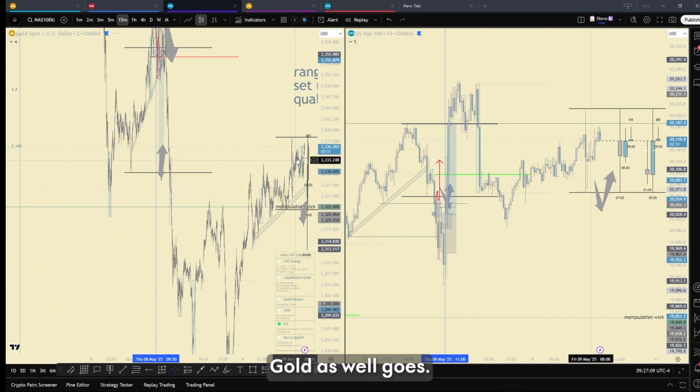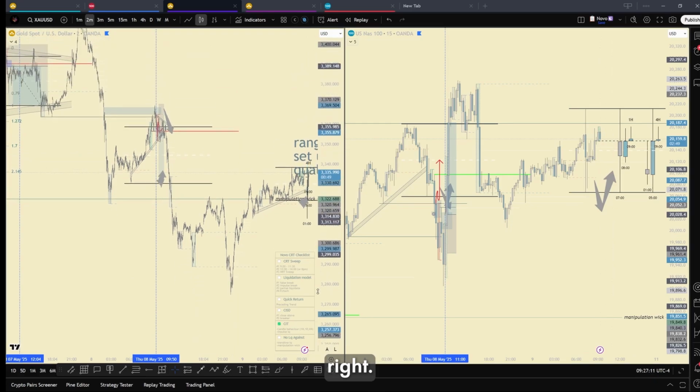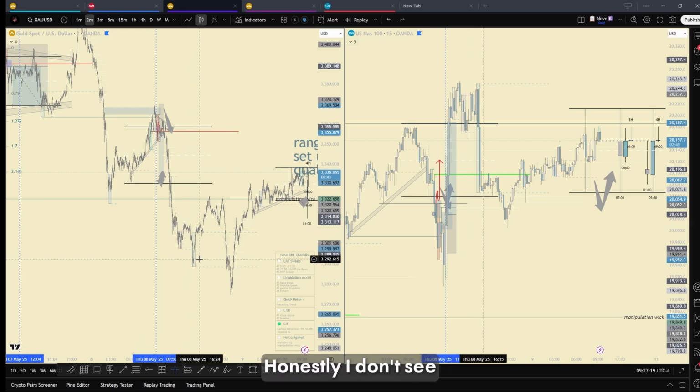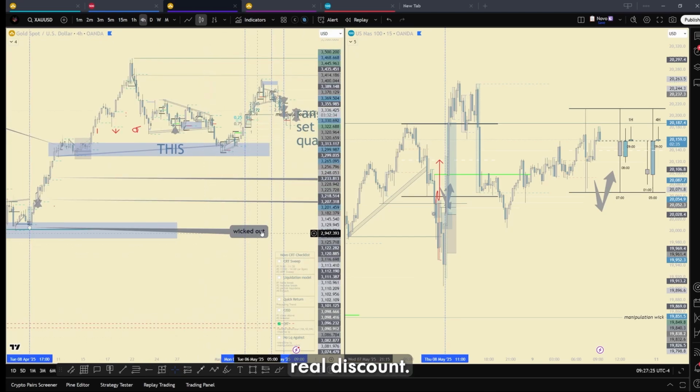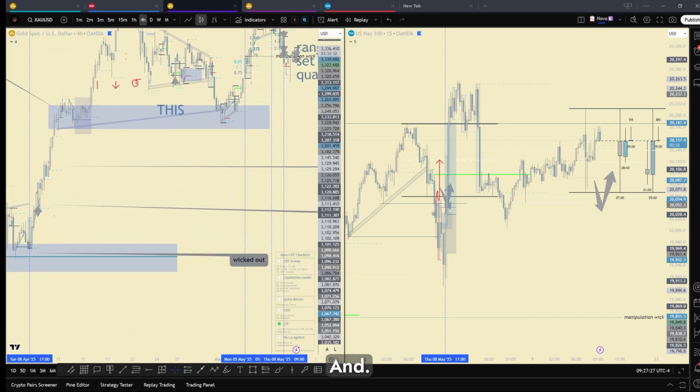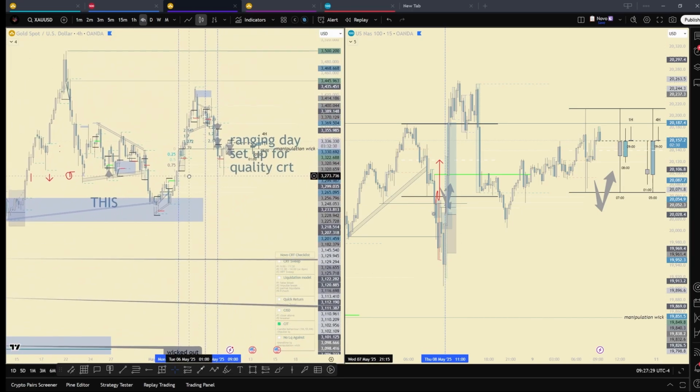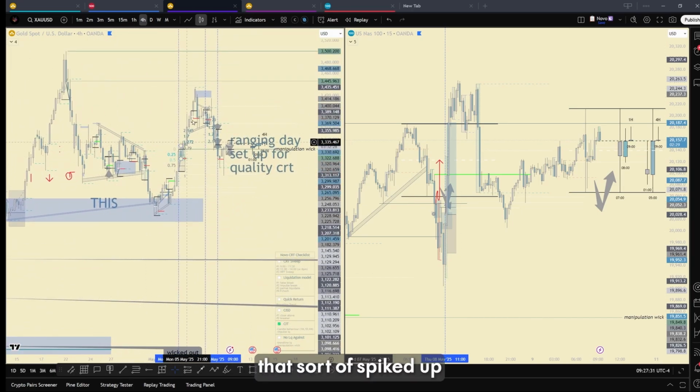Gold as well. Gold's been dumping, right? Honestly, I do see gold moving higher because it's been going into real discount, right? And this is like the main move that sort of spiked up gold and that's sort of just rebalancing down lower.